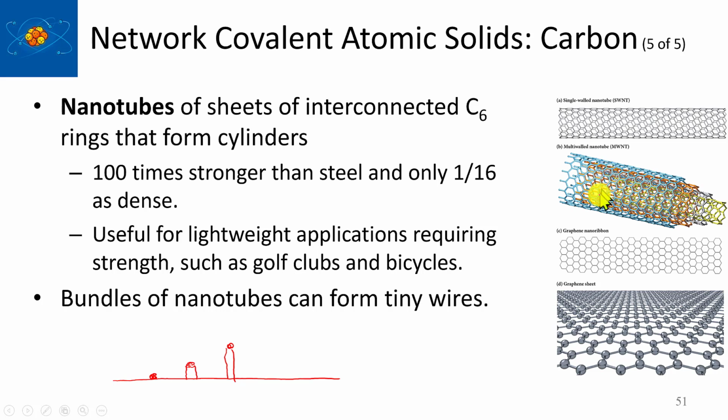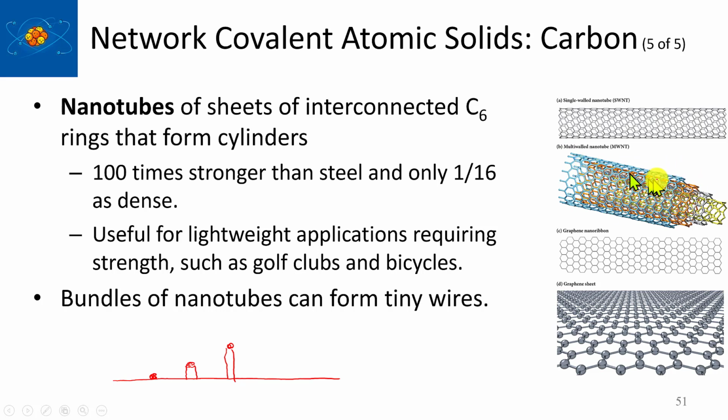What they typically get instead, the more common thing to get, is something that looks like this, and this is known as a multi-walled carbon nanotube. It's multi-walled because it's the single-walled nanotube structure, but repeated out in layers around the initial tube.